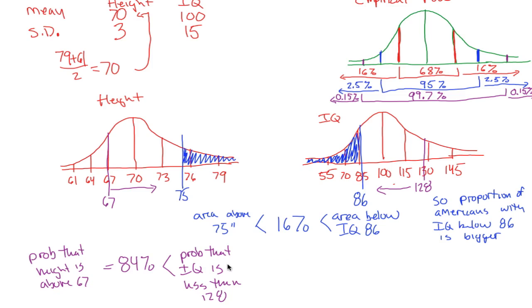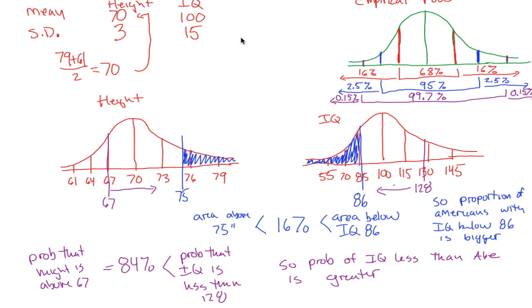So I guess that answers the question. So probability of IQ less than Abe is greater.